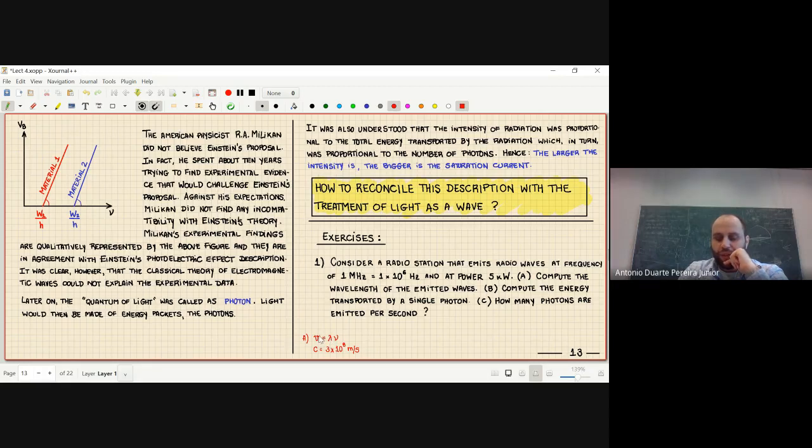We have V. V is equal to C, which is equal to 3 times 10 to the 8 meters per second. And nu is the frequency, and the frequency is given by the problem is 1 times 10 to the 6 hertz.